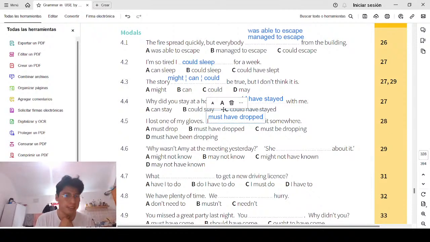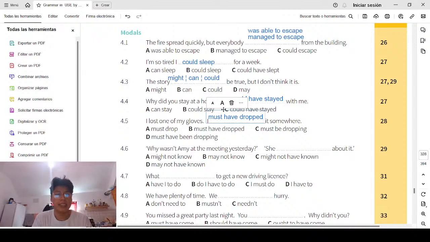Yeah, the same thing. So, I lost one of my clothes. I must have dropped it somewhere. It's the same. We're talking about an action that happened in the past.